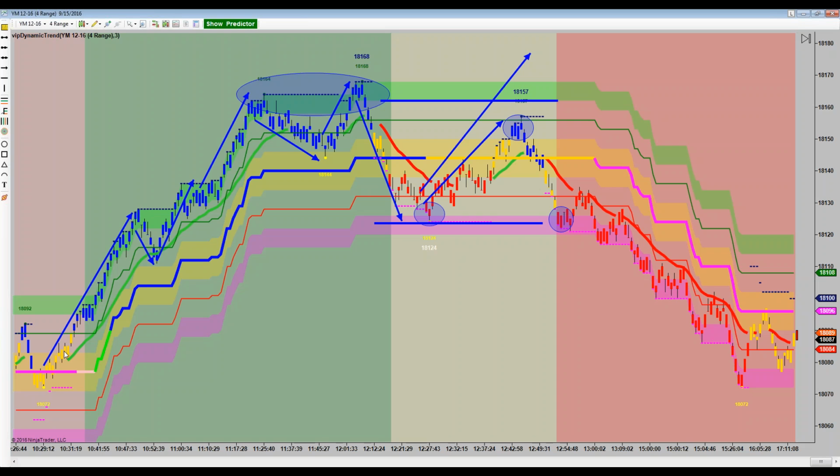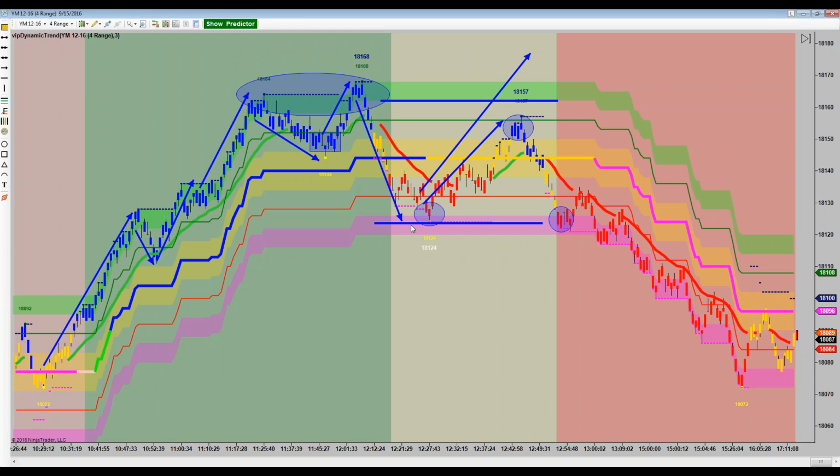So buy, thrust, very shallow retracement, minimal amount of profit taking. Up, pulls back just a little bit, stays above the midband. Midband is key. We watch the midband all the time, yes? We get another retracement, which can't get quite back there, profit taking on the buy program, yes? We find some equilibrium, we take out the top. Now we see a double top forming when this comes down here.